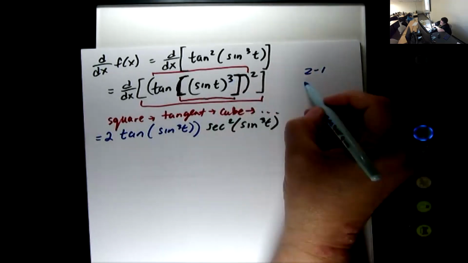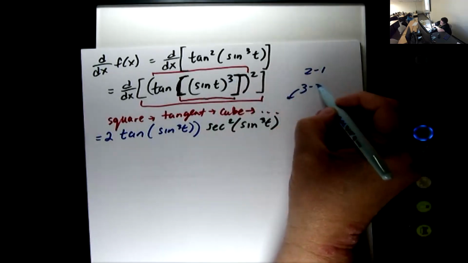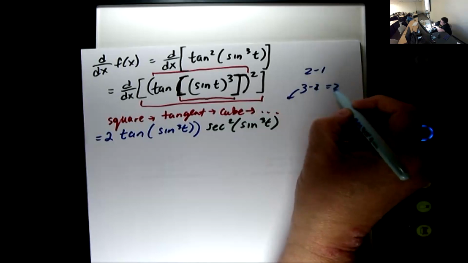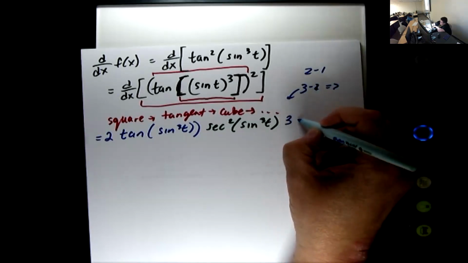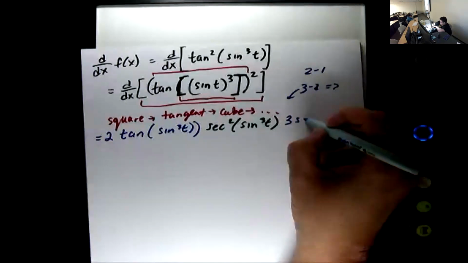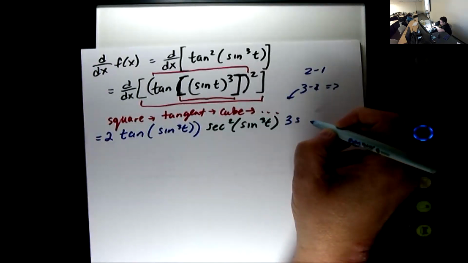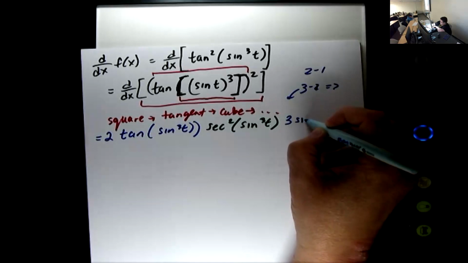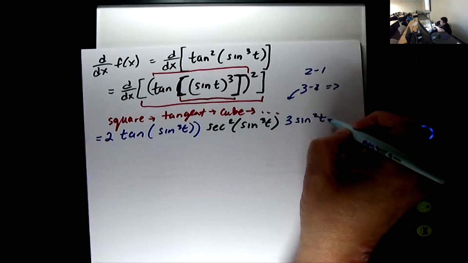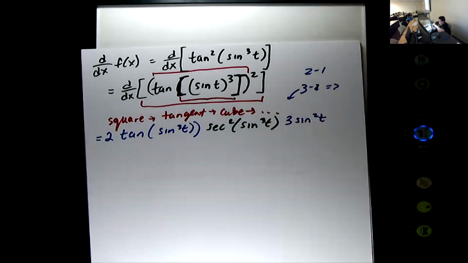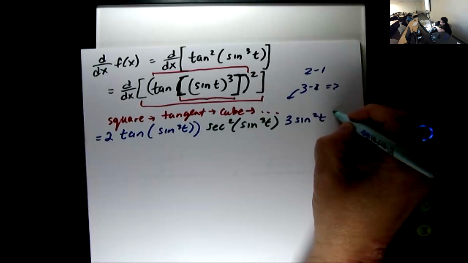So I bring the 3 down, I lower by a power, and I get 2 up top. I will have 3 sine squared t. And now I gotta take the derivative of sine. I'm moving inside. And the derivative of sine is cosine.